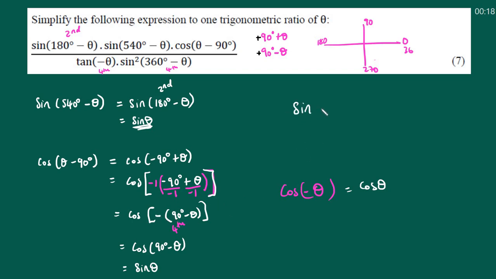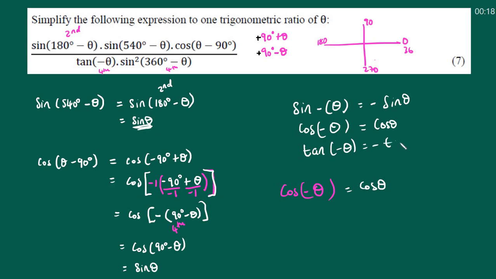sine of a negative angle is equal to negative sine theta. Cos of a negative angle, however, is going to be positive cos theta, and then tan of a negative angle is going to be negative tan theta.